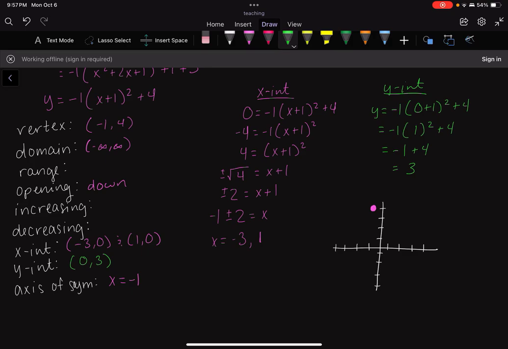My y-intercept is (0, 3), so here. My x-intercepts, I have (-3, 0) and (1, 0). So my graph is looking like this.